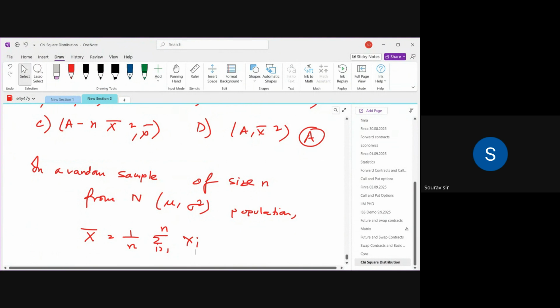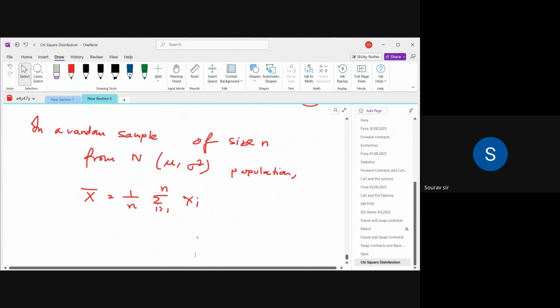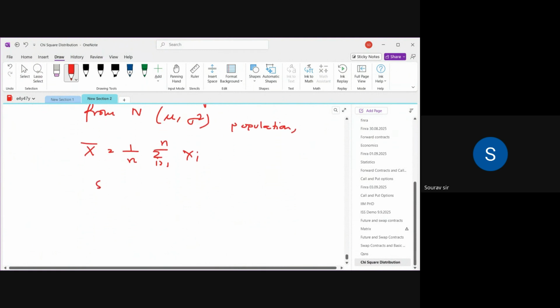And what is S? S square is 1 by n summation of i from 1 to n of xi minus X bar square. Okay. They are independently distributed.